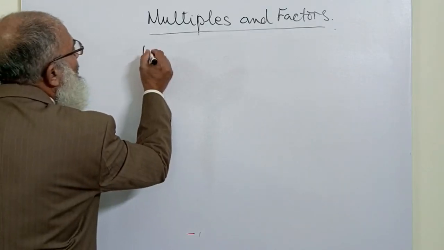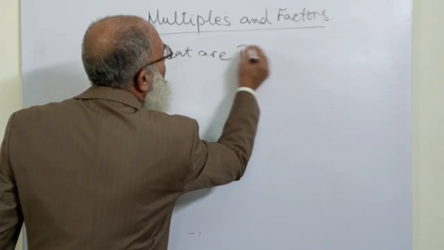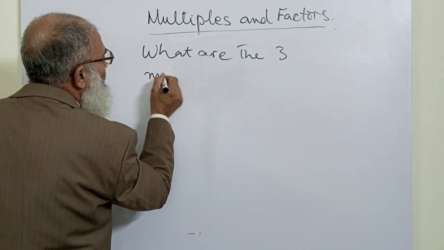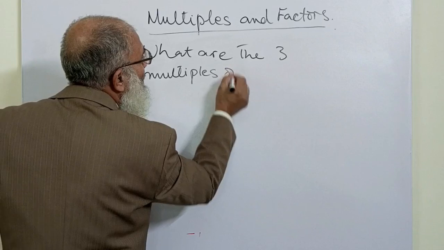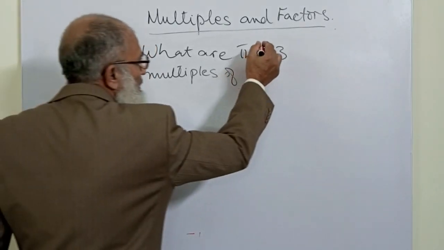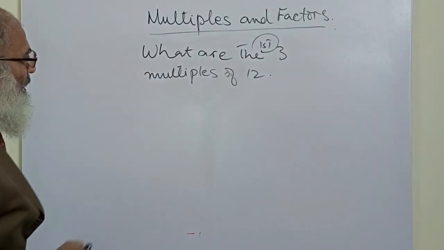Now, what are the first three multiples of 12? Let me do it in this way.